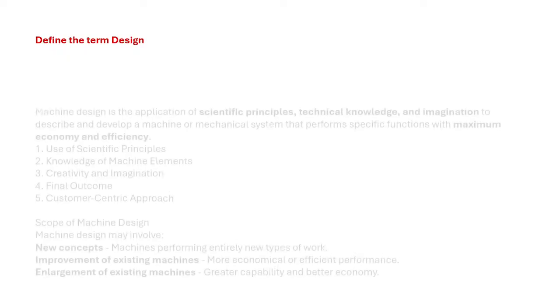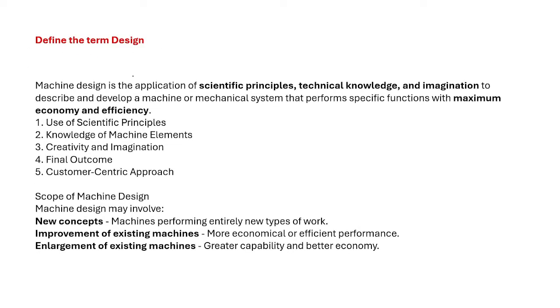Now, let's try to understand the word design from the machine's aspect. So here the machine design is the application of scientific principles. Scientific principles could be in the form of classical theory that involves usage of Newton's first law, Newton's second law, Newton's third law, as well as some thermodynamic laws, as well as the laws related to strength of materials, Hooke's law.